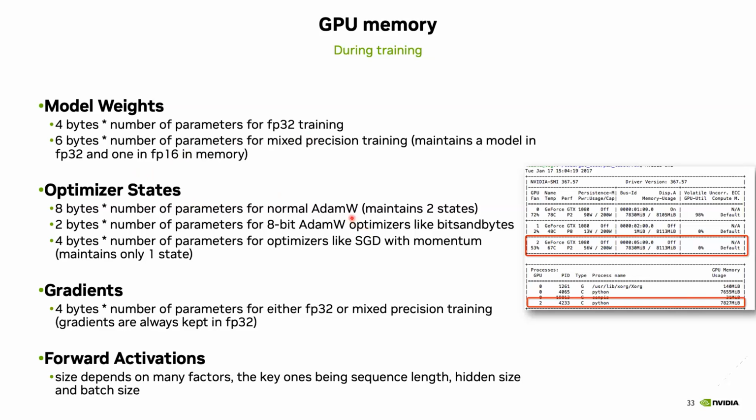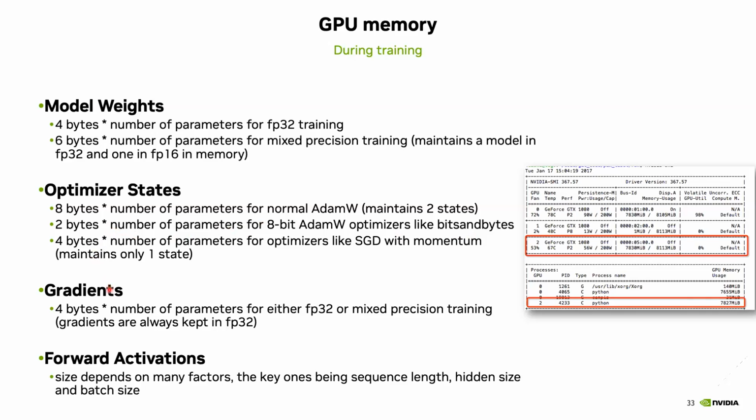For example, for Adam, because we store the first and second order statistics, I'm going to use 8 bytes of memory per parameter. I can use more optimized optimizers, like 8-bit Adam or bitsandbytes, and then I'm going to use only 2 bytes per parameter. Or just as an example here, for SGD, because we only need to track momentum, I will use 4 bytes of memory.